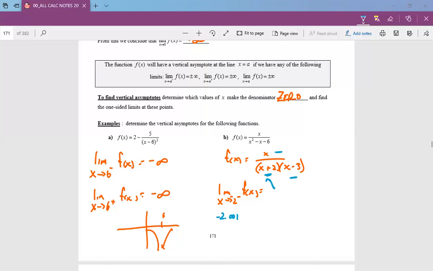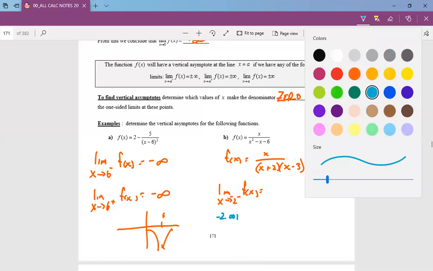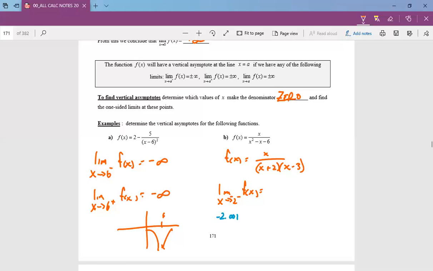We have negative divided by negative times negative. Clearly we know it's infinite because the denominator is getting closer to 0. So this ends up being negative infinity as we go to negative 2 from below.